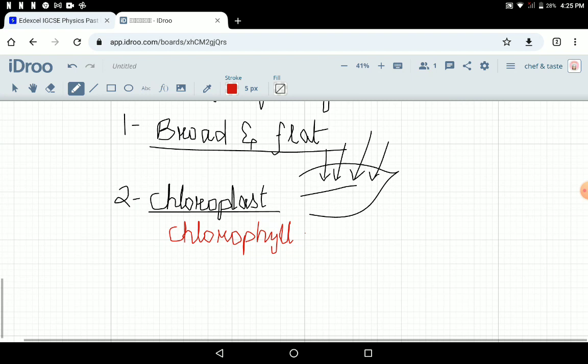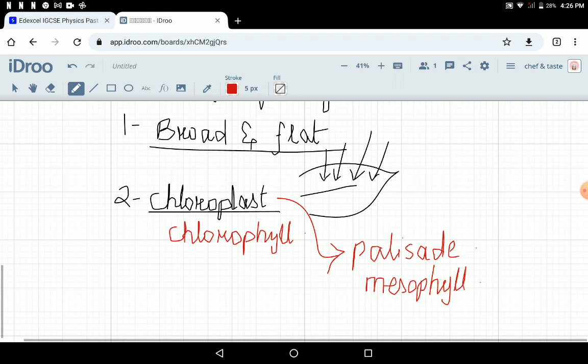You can write here that the chloroplast is concentrated in palisade mesophyll, and some amount is also found in spongy mesophyll. So basically, the mesophyll, the middle layer of the leaf, contains chloroplast, which further contains chlorophyll.